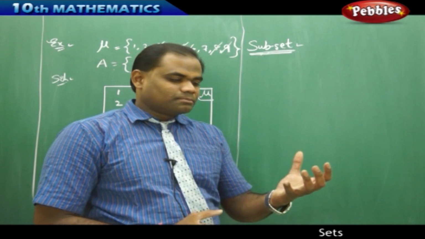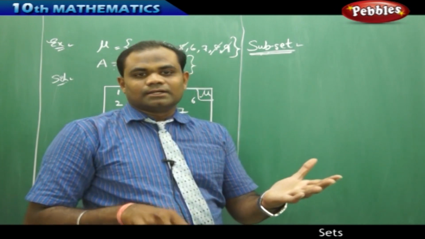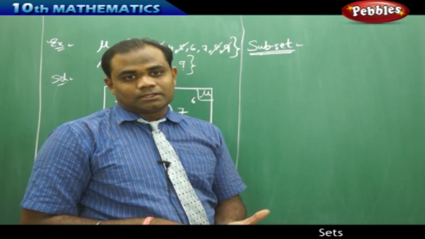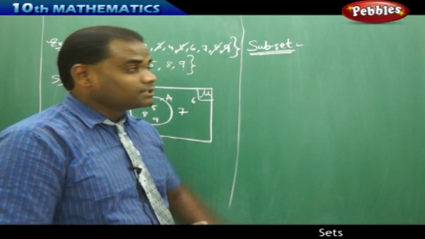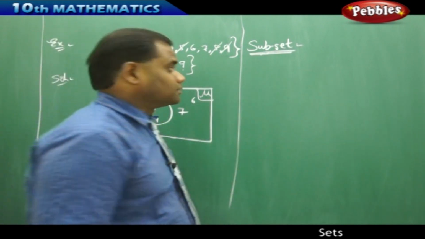So if I can just bring in the part outside the set, then that part is considered to be a set. To be more clear, let's see that with the diagrammatic representation.